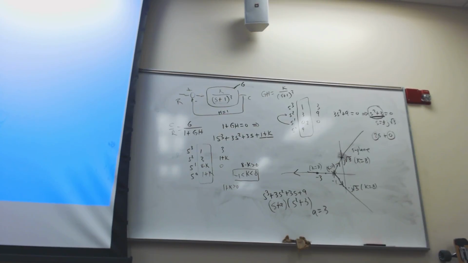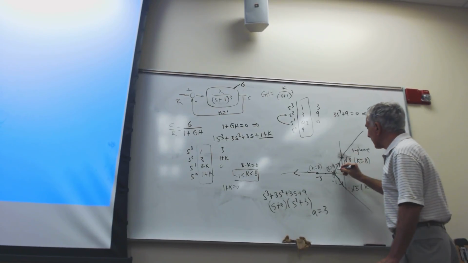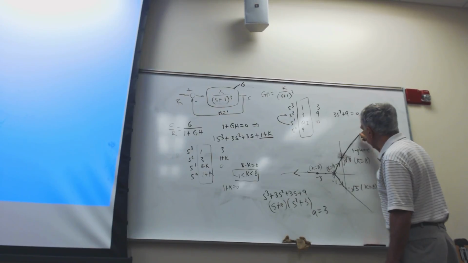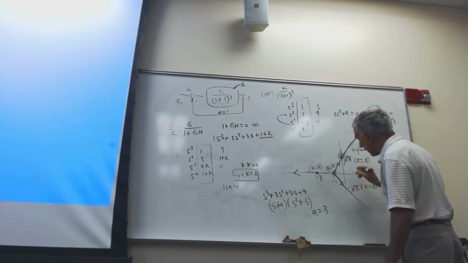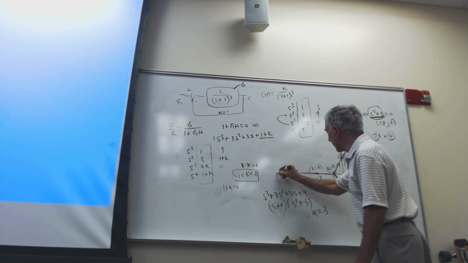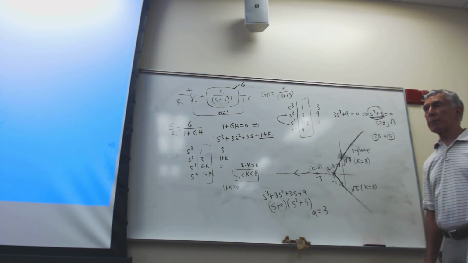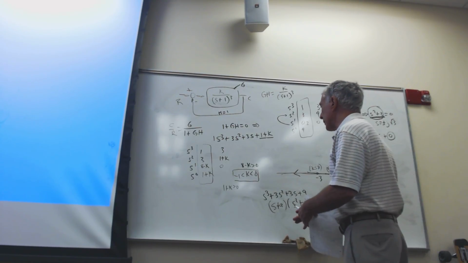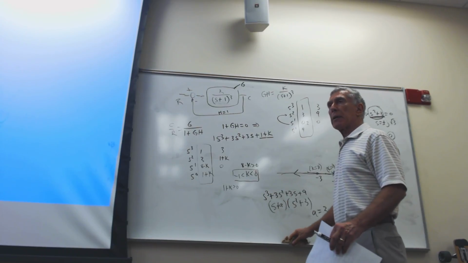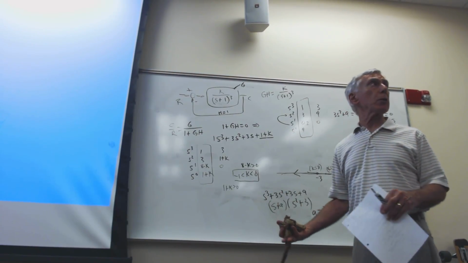Now, basically you have this branch, that branch there, and this branch here, for this particular example. For other examples, it's going to be a little bit different looking.